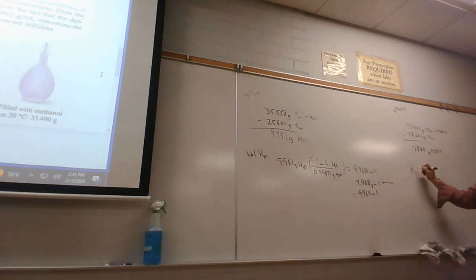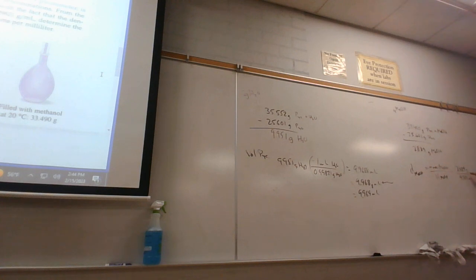And so the density of methanol is equal to the mass of methanol divided by the volume of methanol. The mass is 7.889, and the volume is the volume of the picnometer, which is 9.969 milliliters. So divided by 9.969, that gives me a density of 0.791.